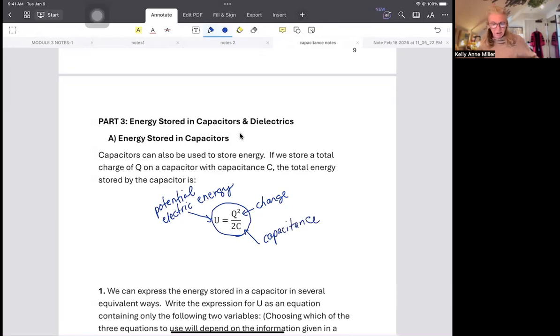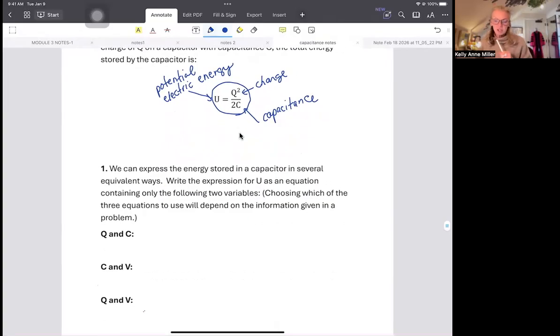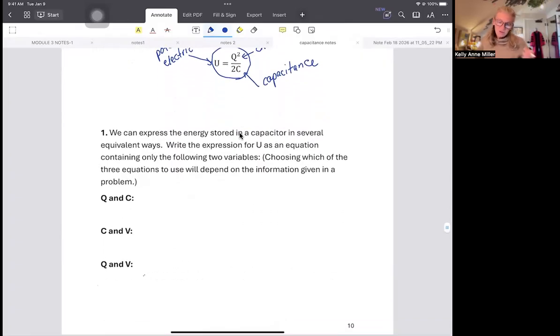There are a few different ways of expressing the energy stored on a capacitor. You can actually write it in three different ways, and it's useful to be familiar with them, or at least know how to derive the other two. So this is one. Let's call this equation one. The other two are basically manipulating, subbing in relationships that we already know for the other variables.